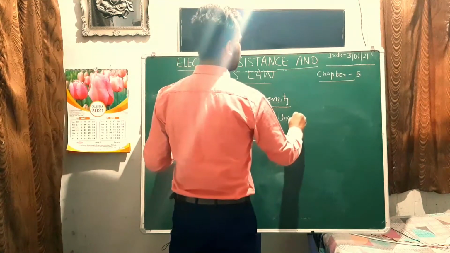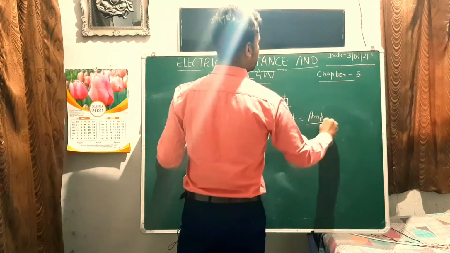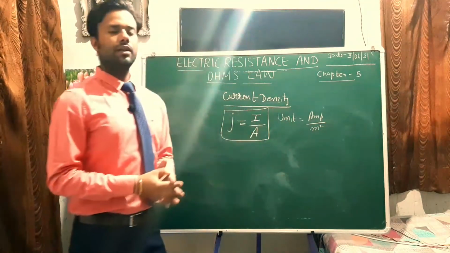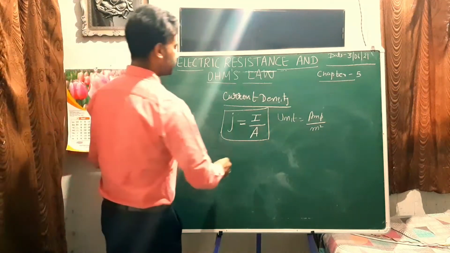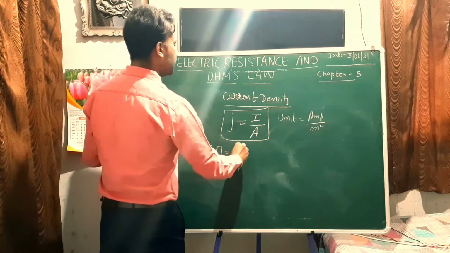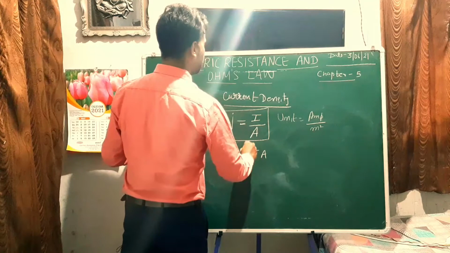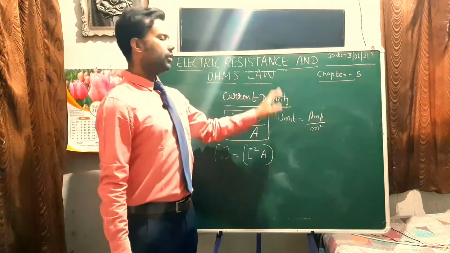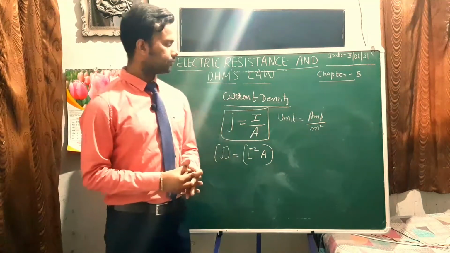The unit will obviously be ampere per meter square or ampere per centimeter square. The dimensional formula of J will be L to the power minus 2 into A, because meter square comes in the denominator, so it becomes negative: L minus 2 into A.